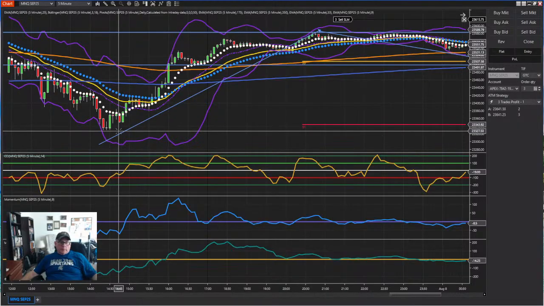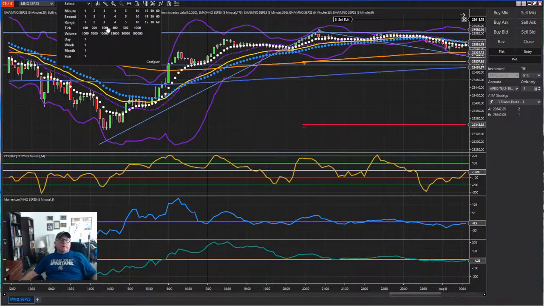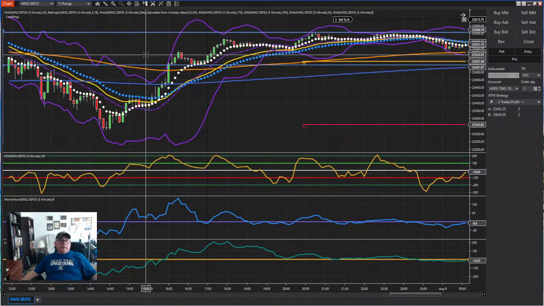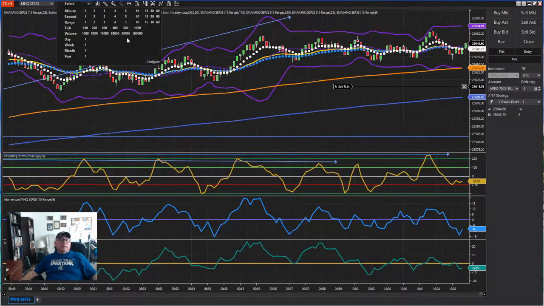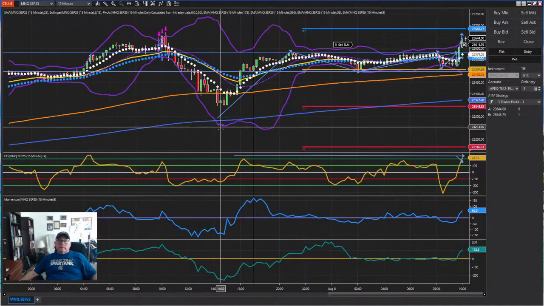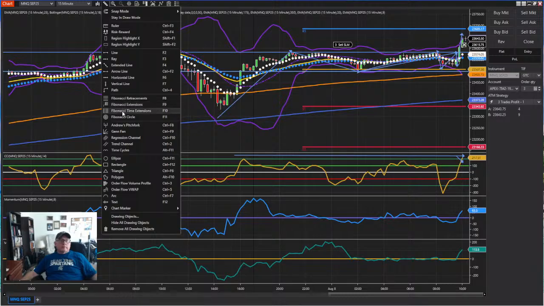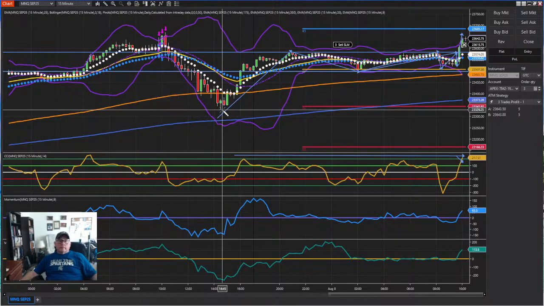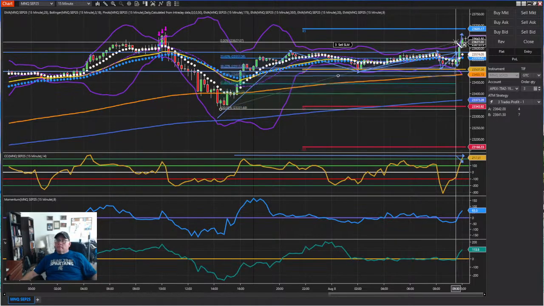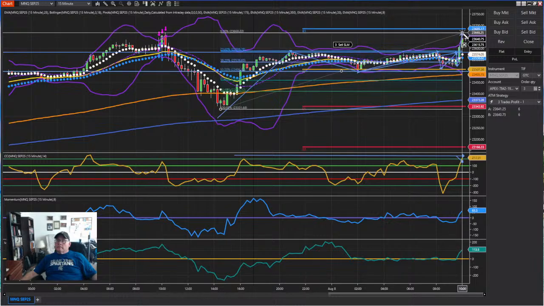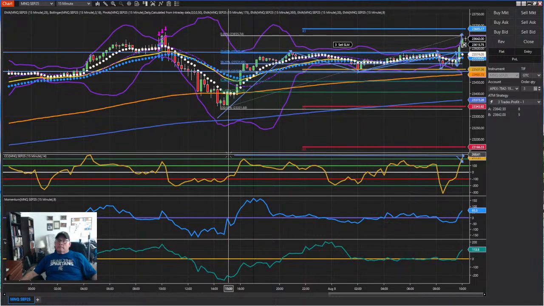Back here is where we're looking, right? Now we need to go 15-minute maybe. %, brings it back to roughly pivot point.